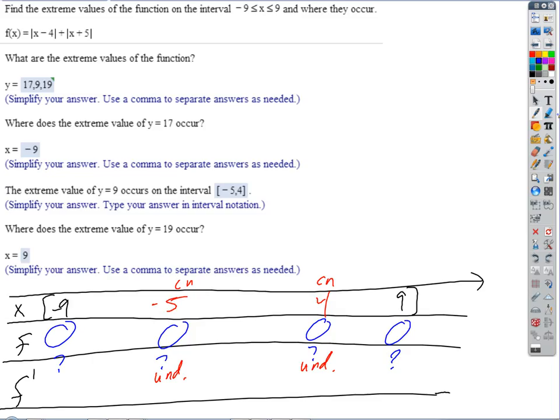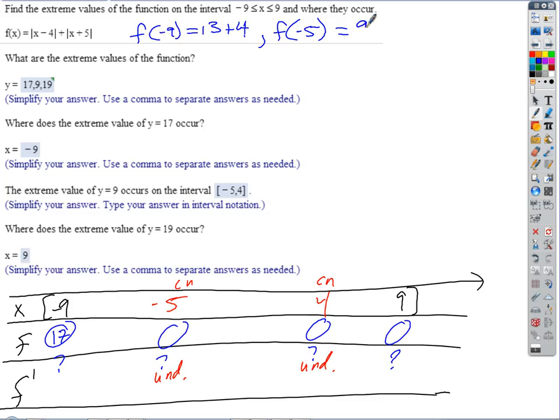Let's go ahead and do that. If I plug in negative 9, what do I get? What's the absolute value of negative 9 minus 4? 13. So f of negative 9 equals 13 plus 4, which is 17. So we get 17 there. What's f of negative 5? 9.